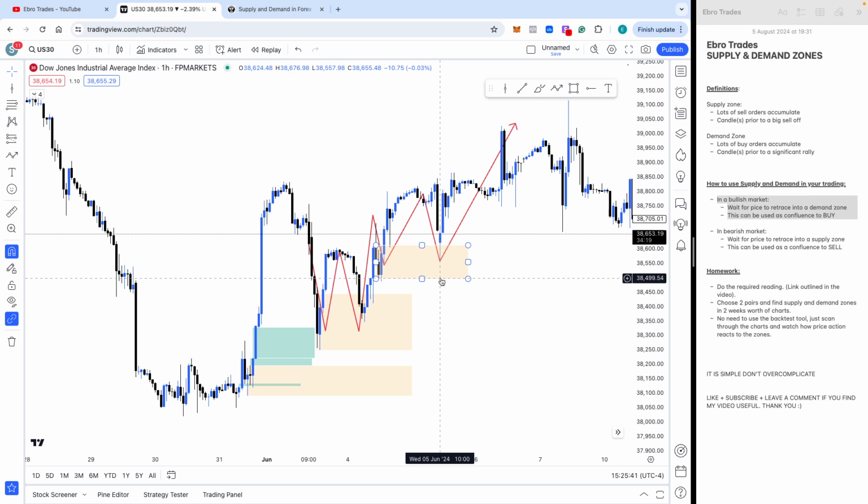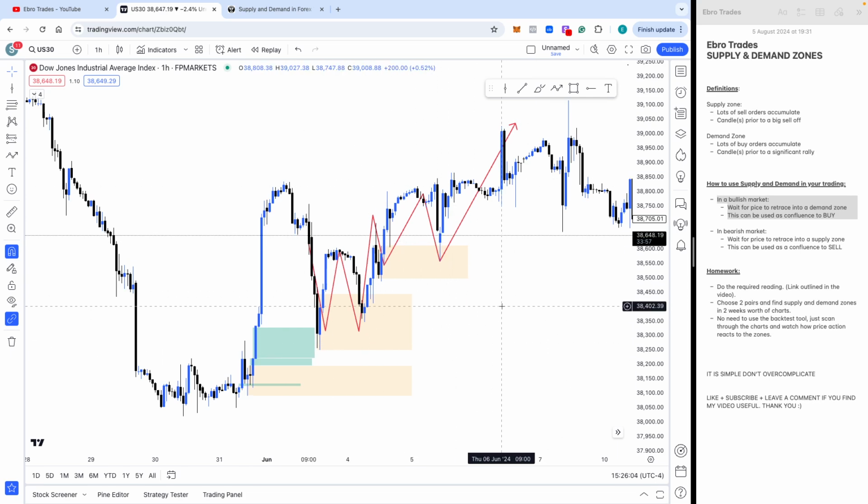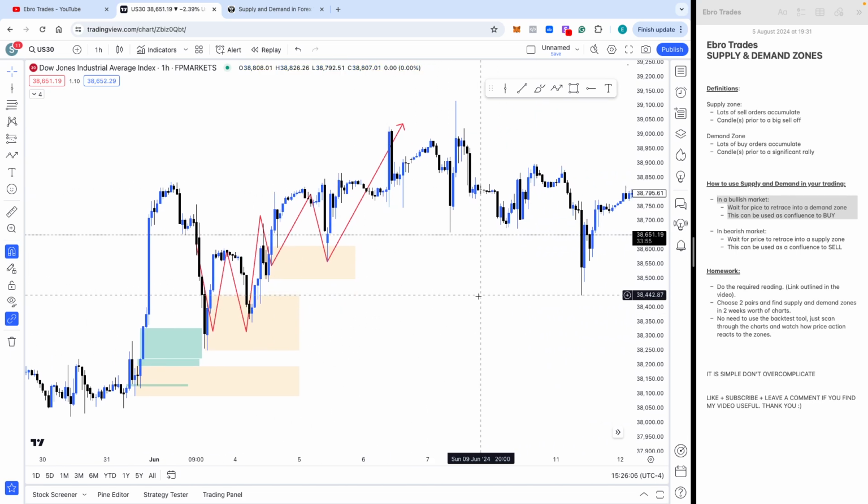It is not the be-all or end-all. A confluence can play a part in improving your profitability, in increasing your confidence in a particular play. However, it may not be the be-all or end-all. So sometimes I will take a trade regardless of whether or not it is in line with supply and demand. This is just a confluence that I use. Okay, so that's an example of using the demand zones for buyers.